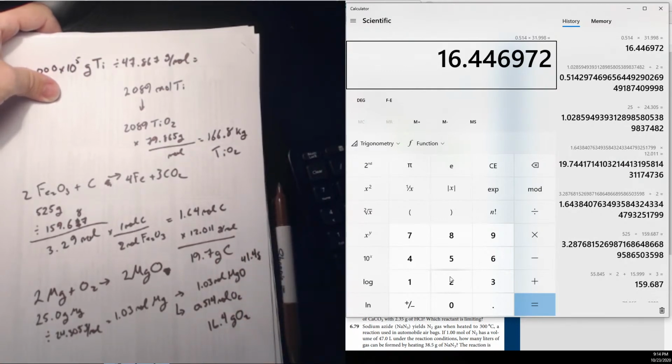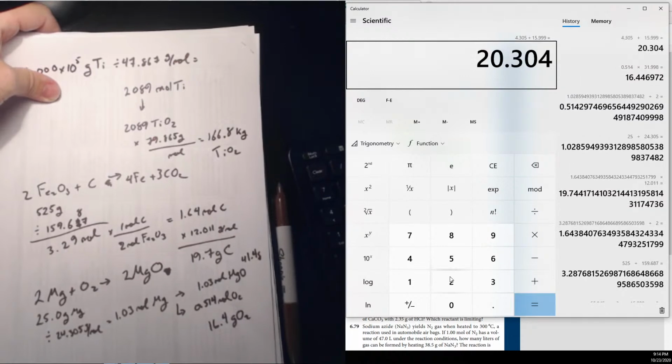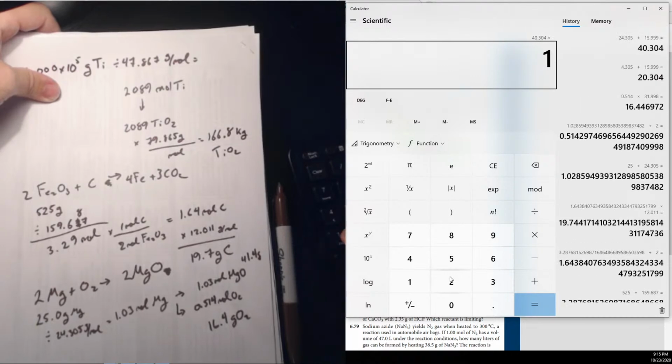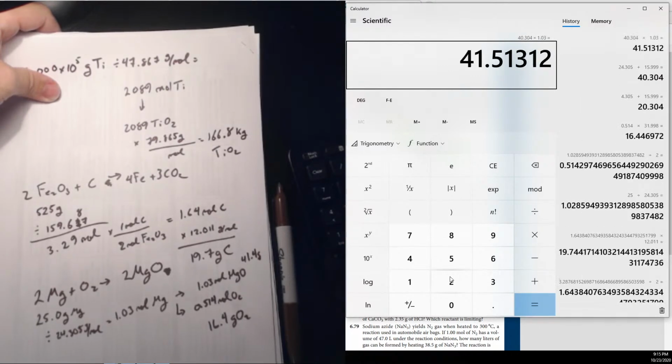But just to test that, magnesium oxide is 24.305 plus 15.999. 24.305 plus 15.999 times 1.03, 41.5.